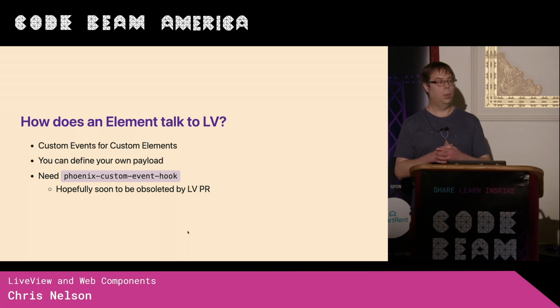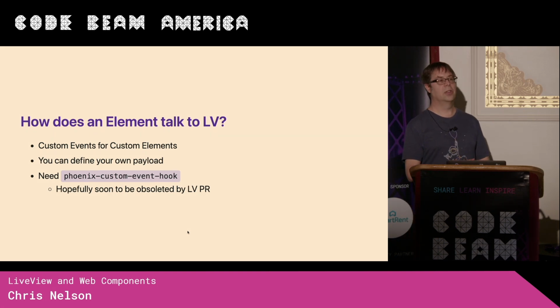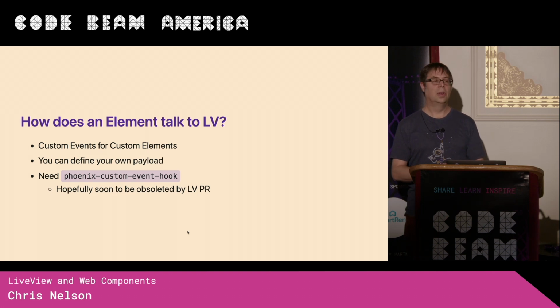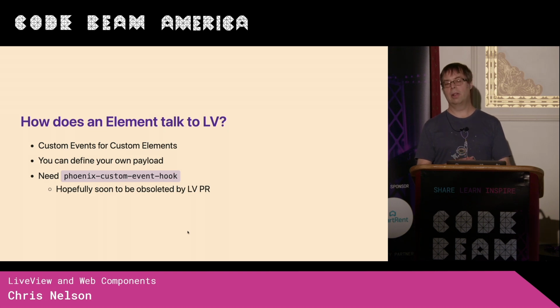Now, something to point out: LiveView natively out of the box does not know about custom events. So right now, I have an NPM package called the Phoenix Custom Event Hook that will easily let you tell LiveView about your custom events, and then at that point you just write handle_event code as you would for any kind of event in your system.